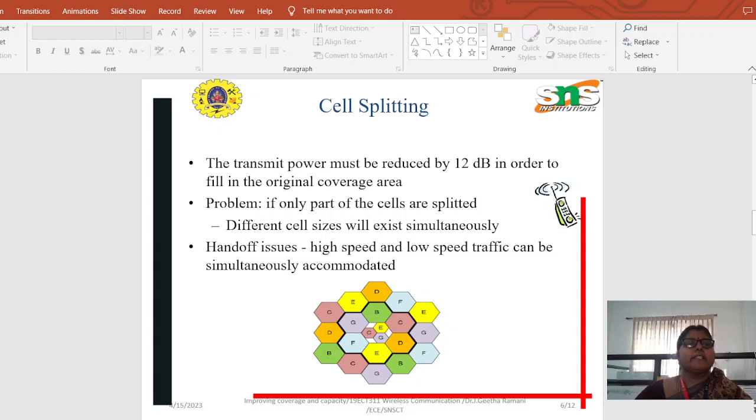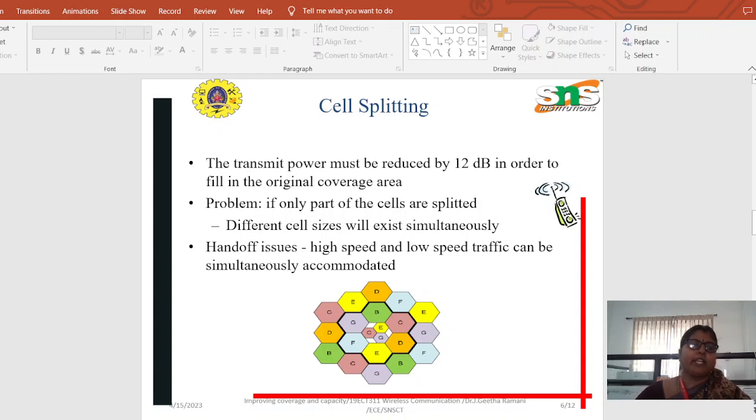And also in this case the transmitted power may be reduced by 12 dB in order to fill the original coverage area. So the power is reduced. But there are certain problems here. If only part of the cells are split, you have to handle different sizes of cells. Look at here, these cells have a radius of R, whereas these split cells have a radius of R by 2.